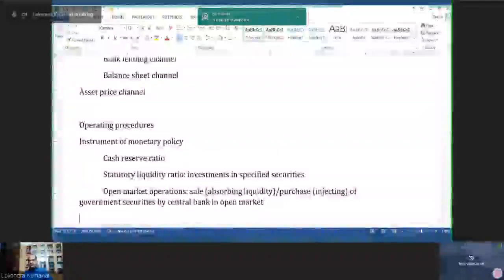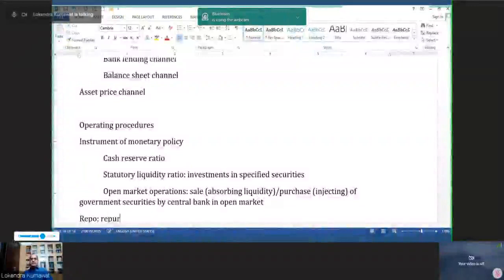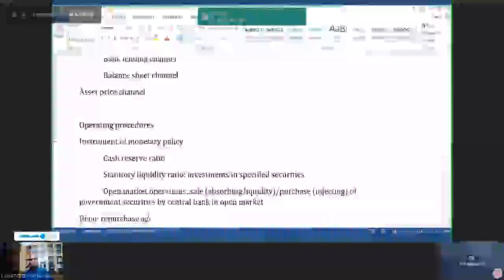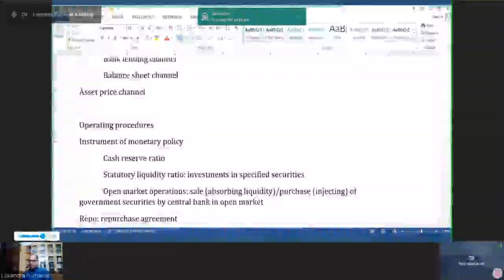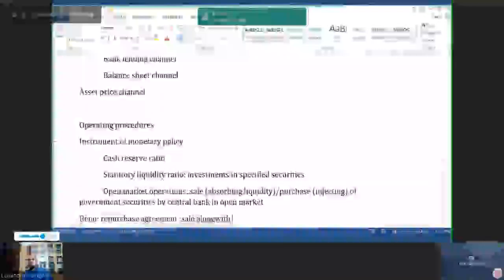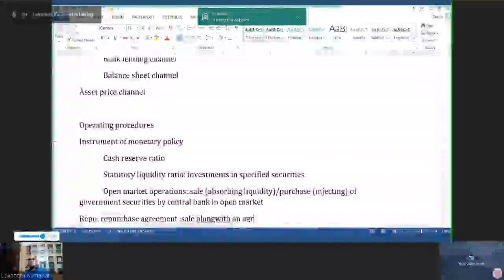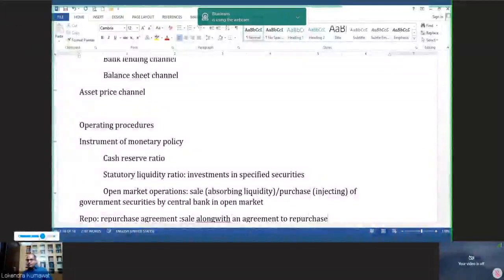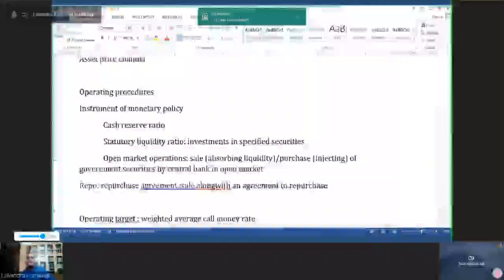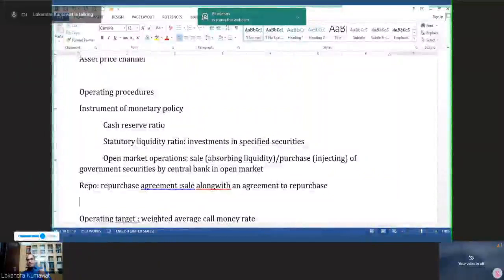One type of open market operation is the repo operation. Repo is repurchase agreement. Suppose you are a bank and you are selling a security to the RBI with an agreement to repurchase it.